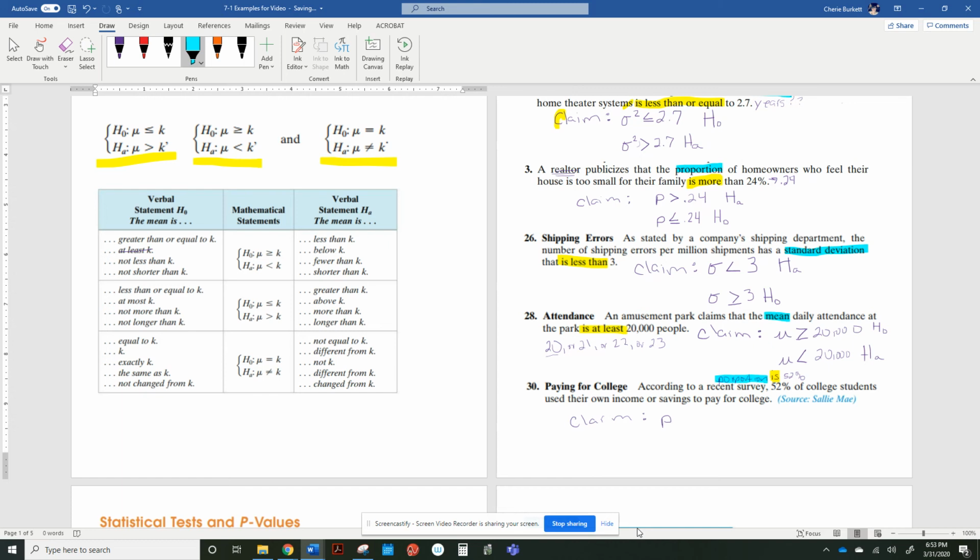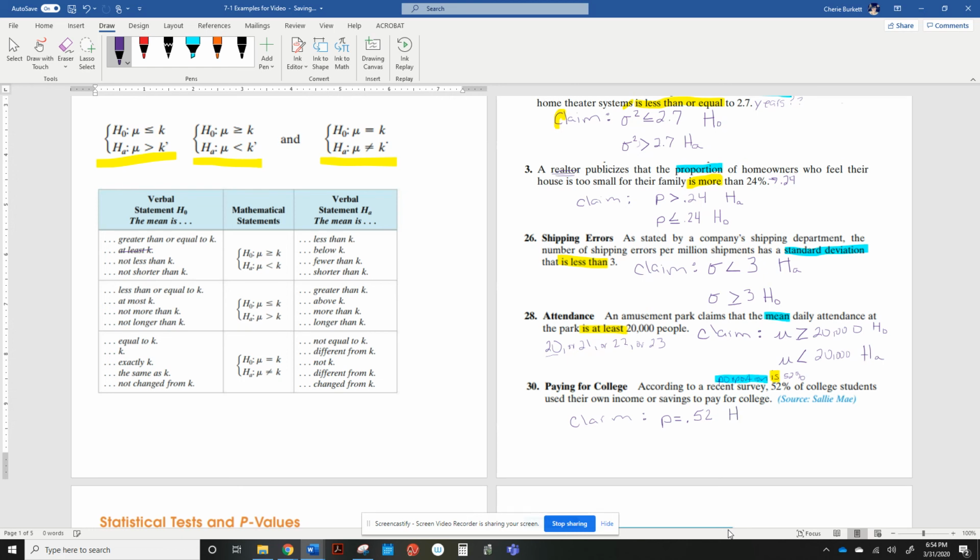So the word proportion is how I know to use P. The word is is how I know that I'm going to be using an equal sign. Anytime it's is, it's equal. Remember up here it said is not, was not equal to. So is equal. That's 52%. So the proportion is 52%. That's how you write it. It contains equality.